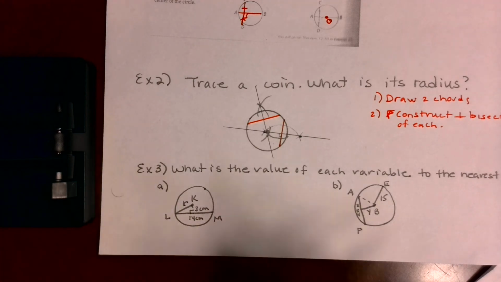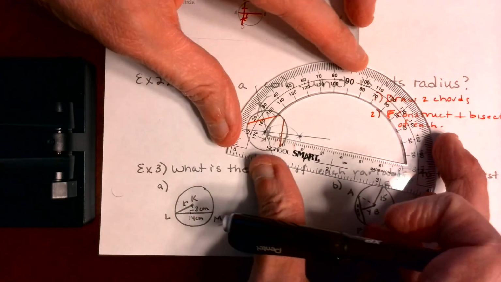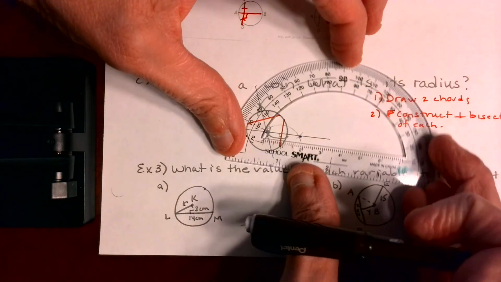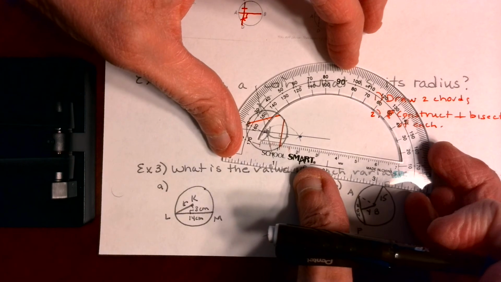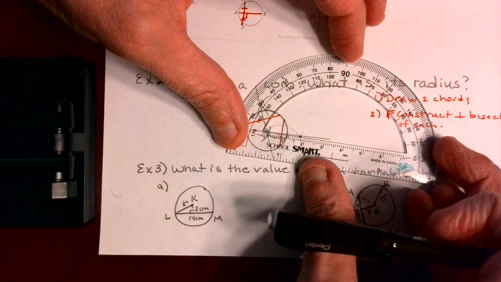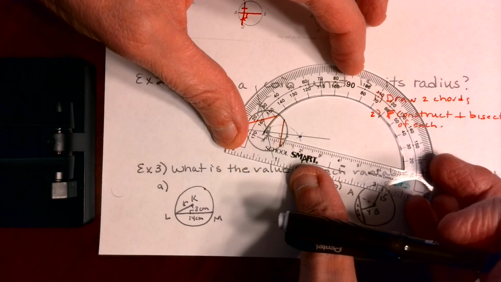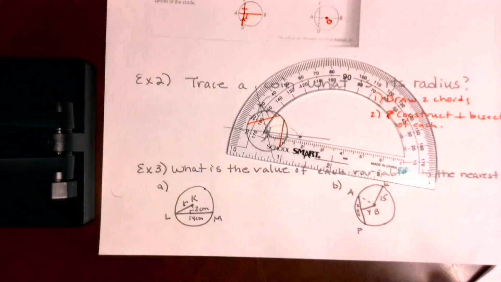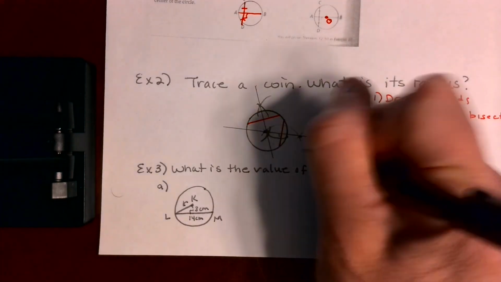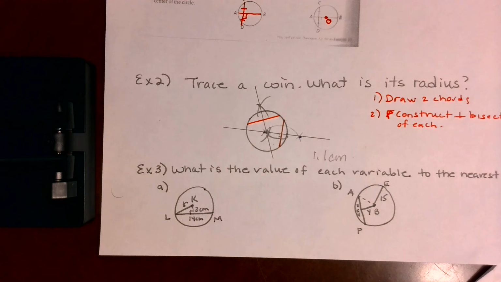Now, once you have your center, you can figure out the radius. And it looks to be about 1.1, no, 1.2. My eyes are playing with me here. I think it's 1.1 centimeters.